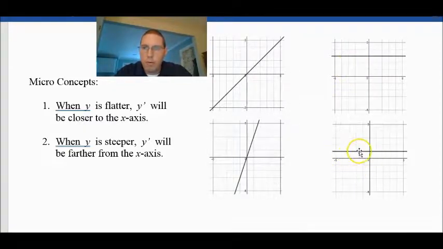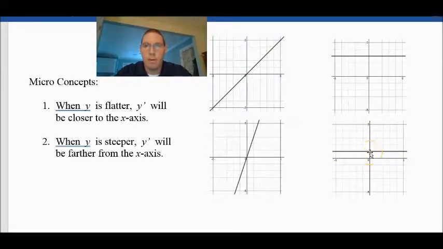We can see that this graph is closer to the x-axis and this graph is farther from the x-axis. Therefore, the one that's farther from the x-axis belongs to the function that is steeper. So this derivative belongs to the steeper graph. This one is the flatter graph, and therefore its derivative is the graph that is closer to the x-axis.